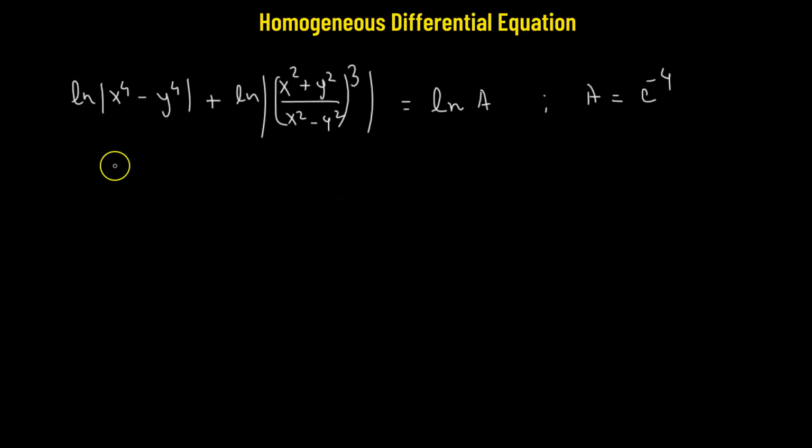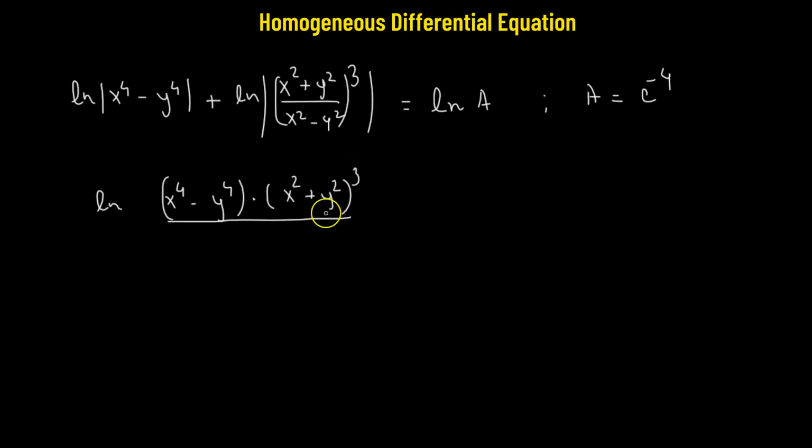Then we can combine these two logarithms. So we have natural log of x raised to the power of 4 minus y raised to the power of 4 multiplied to (x squared plus y squared) whole raised to the power of 3 divided by (x squared minus y squared) raised to the power of 3. This is equals to log of a.